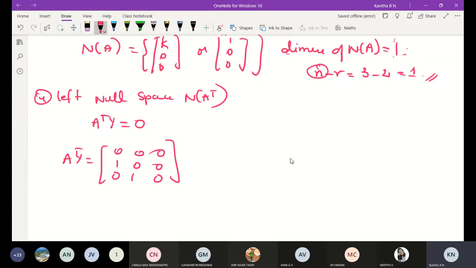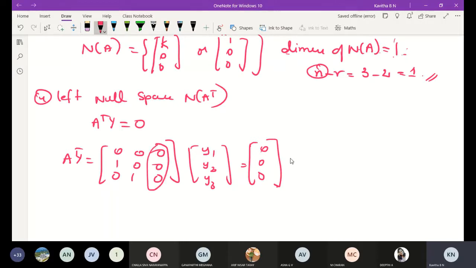Taking y as y1, y2, and y3, which equals 0, 0, 0. Then multiply, and you will get it. The last column does not have a pivot. Column 3 has no pivot, which means y3 is a free variable.